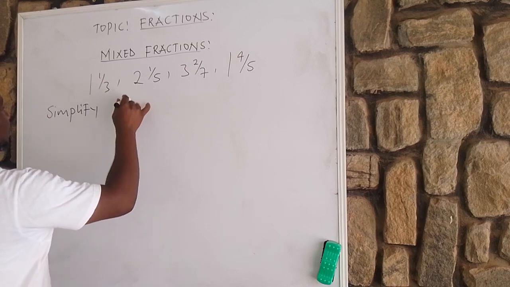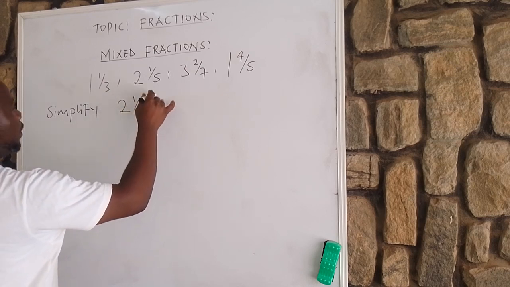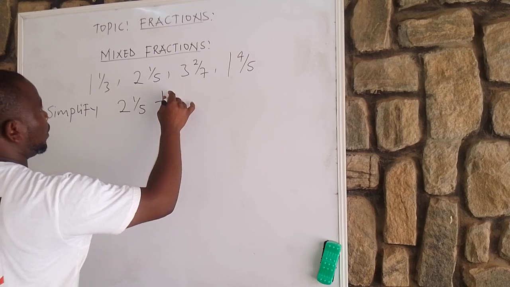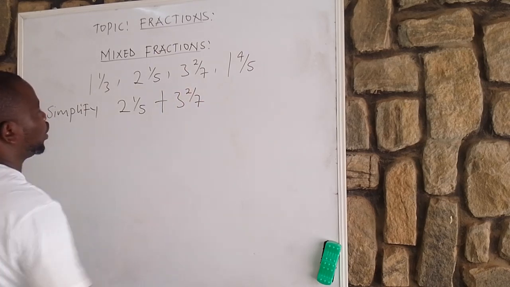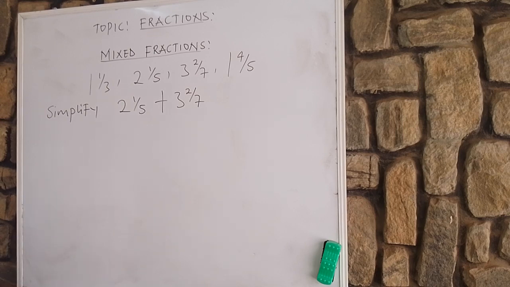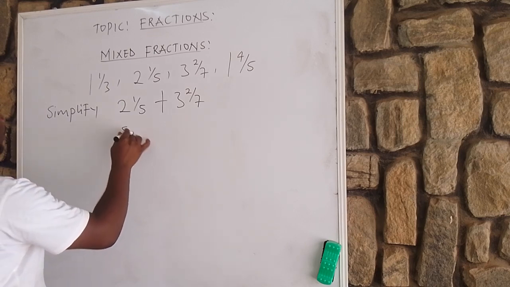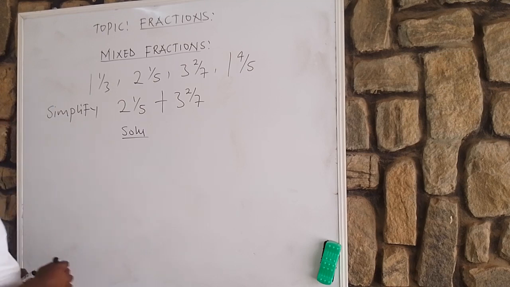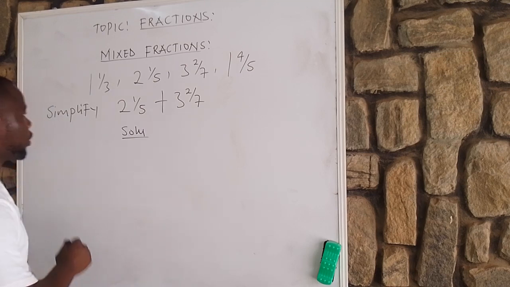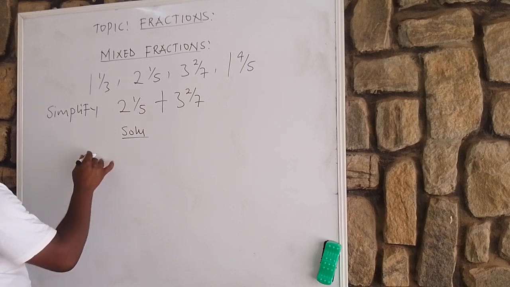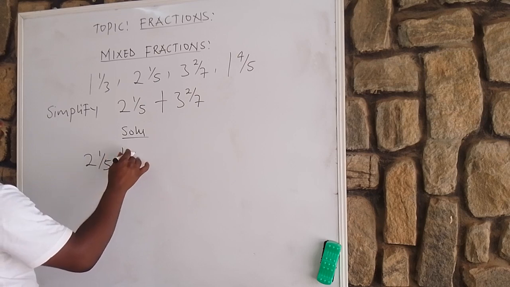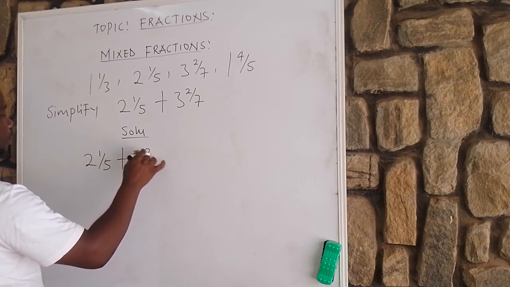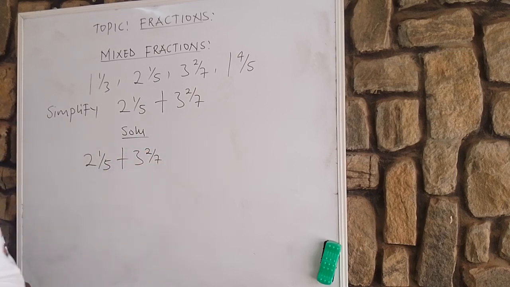Let's say 2 whole number 1 all over 5 plus 3 whole number 2 all over 7. It's simple as ABC. If you come across questions of this form, you write solution. Is that clear? Don't rush. You write 2 whole number 1 all over 5 plus 3 whole number 2 all over 7.